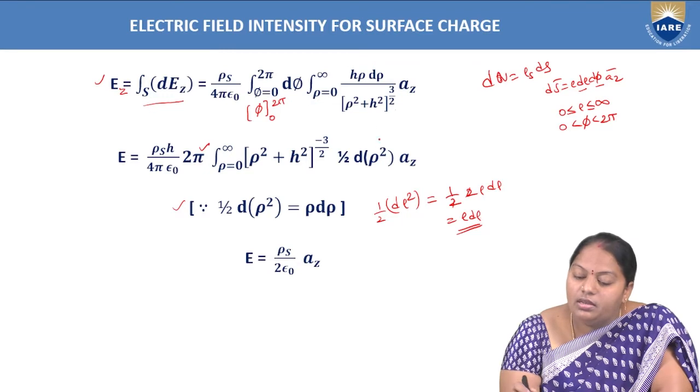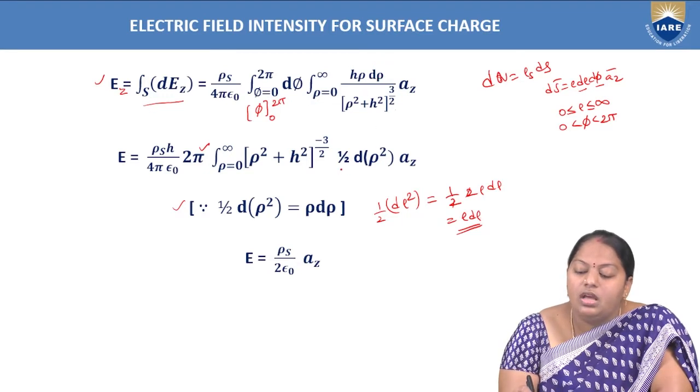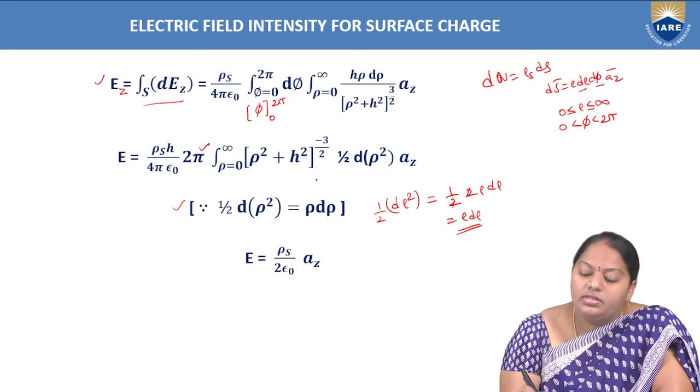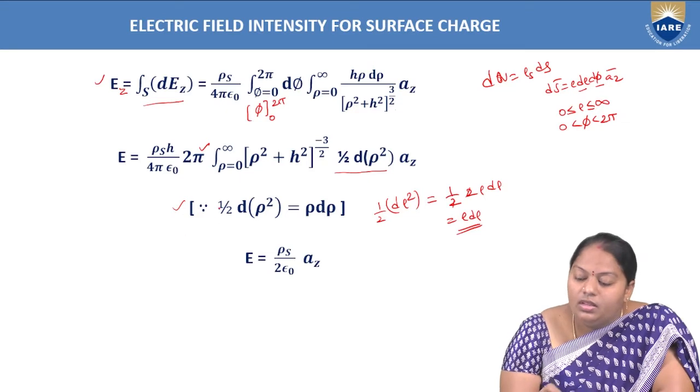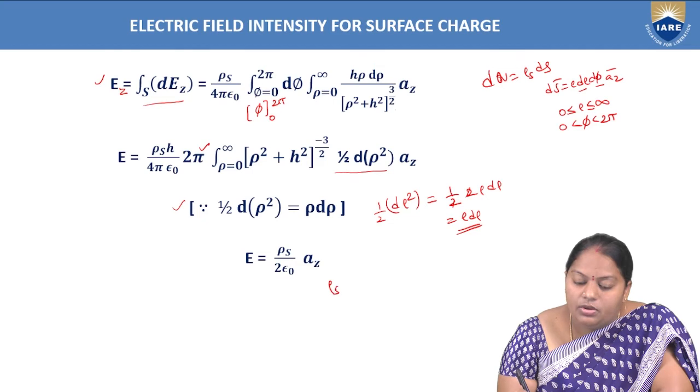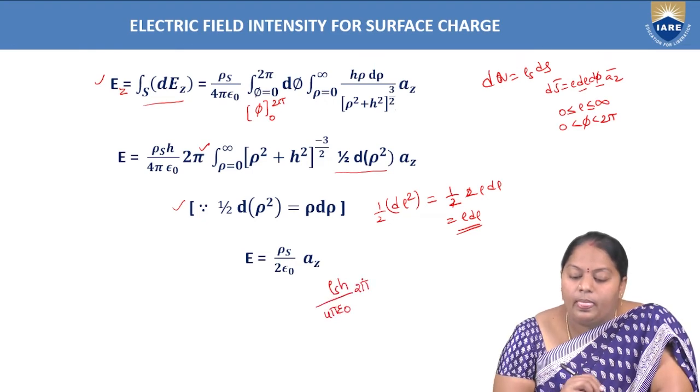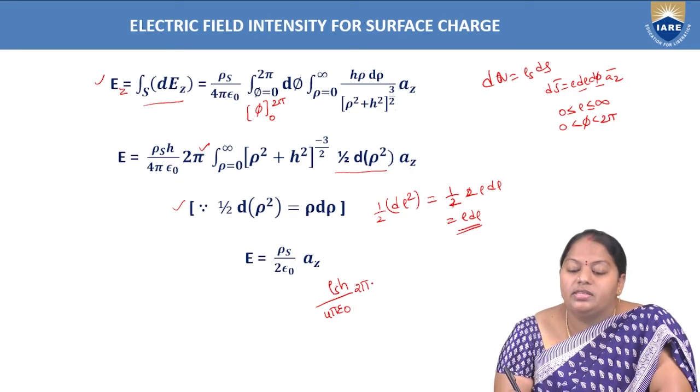So instead of writing rho d rho, if you use half into d rho square, it is easy to integrate. Hence, instead of substituting rho d rho, we consider the term as half into d rho square. Then if you simplify that equation, rho_s h by 4 pi epsilon naught into 2 pi, (rho square plus h square) whole power minus 3 by 2 into half d rho square.